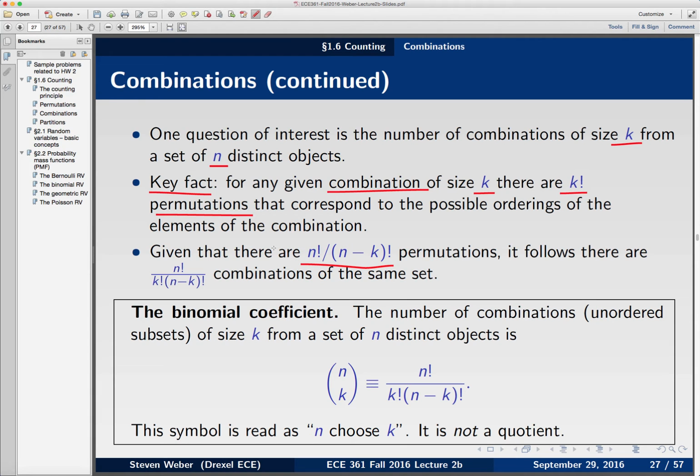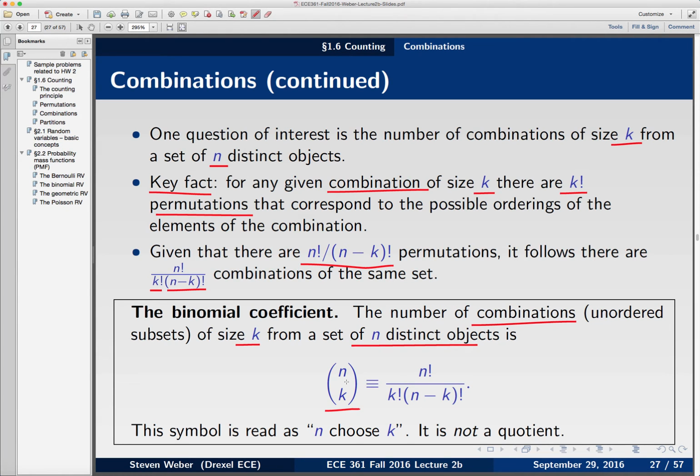That is, the number of k-combinations is n factorial over k factorial times (n minus k) factorial. This quantity corresponds to the number of combinations, or unordered subsets, of size k from a set of n distinct objects. And it's given a special symbol, which we read as n choose k, and which is called the binomial coefficient. And this is its definition.